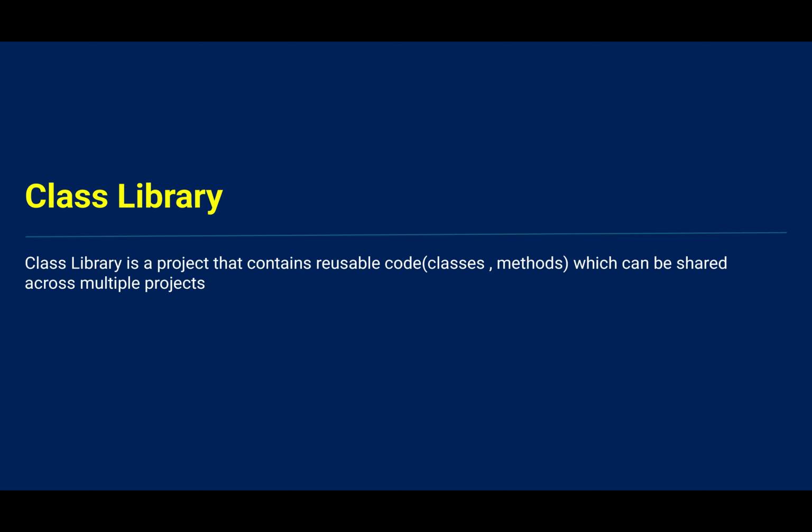There are different advantages if the project type is class library. So what are the advantages? First of all, if you prepare any class or any method in the class library, it is easy to give that reference to other projects.